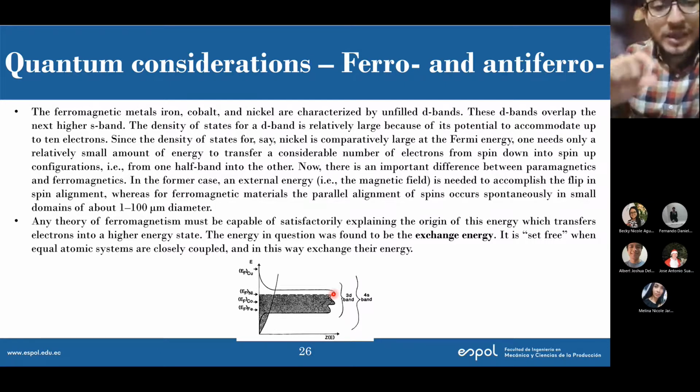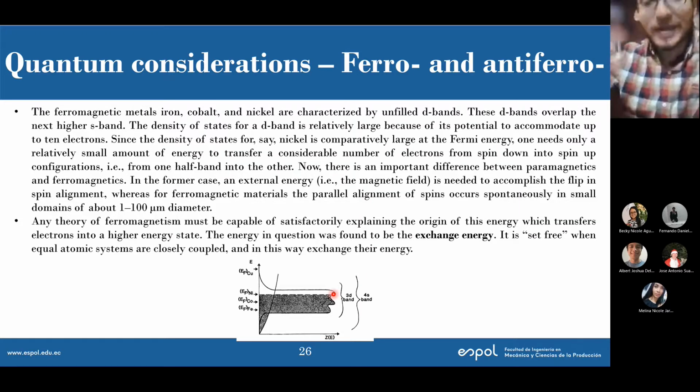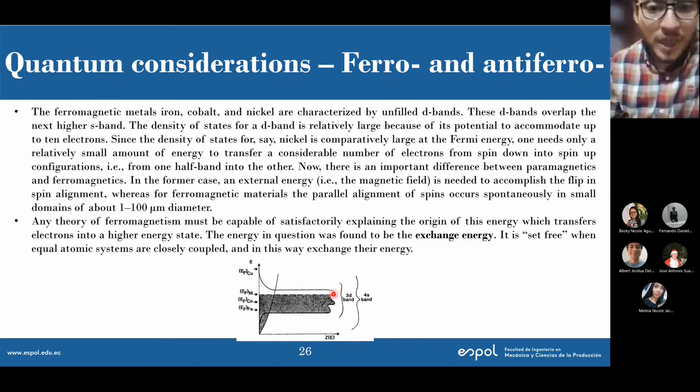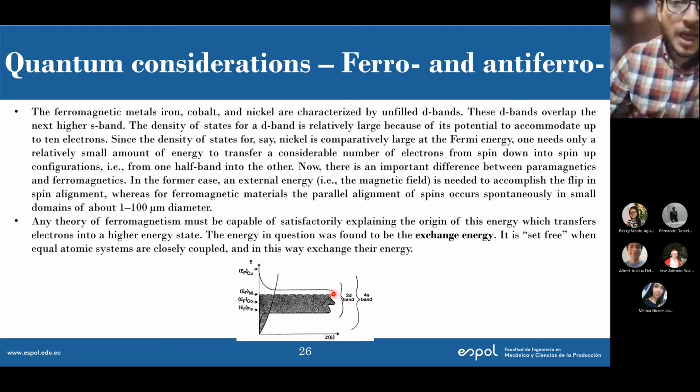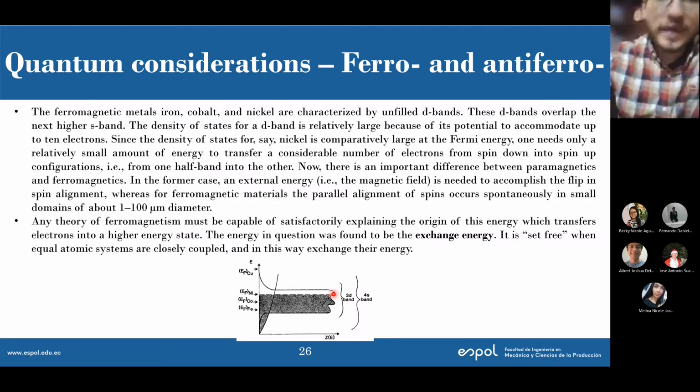So you really need a very small energy, and that's why it's very easy, and spins can align spontaneously. Now, whenever we're talking about ferromagnetism, we should be able to explain where that energy is coming from. That energy that allows me to transfer electrons into higher energy states.